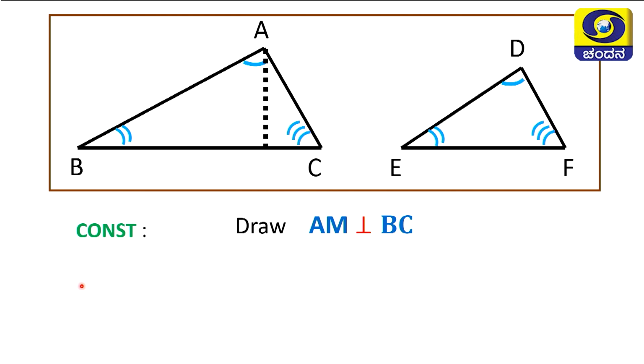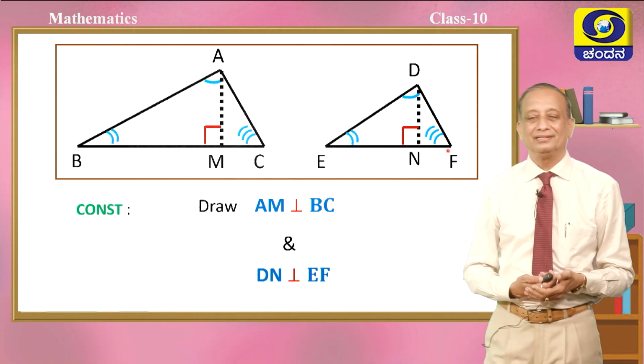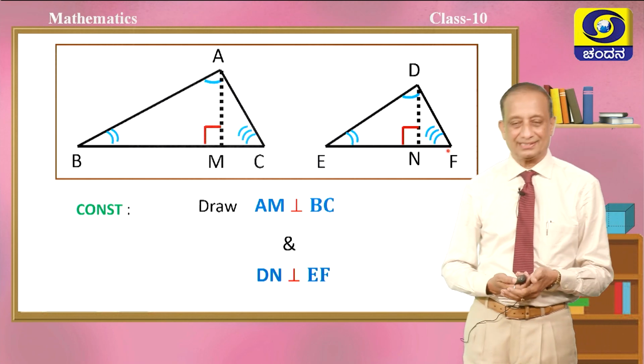So, this is our point M. The symbol for 90 degrees also has to be written at M, and similarly we have to draw DN perpendicular to EF. So, let us call this N. So, draw AM and DN perpendicular to BC and EF respectively. Do you know why? This is because in order to calculate the area we require the altitudes, hence this construction.